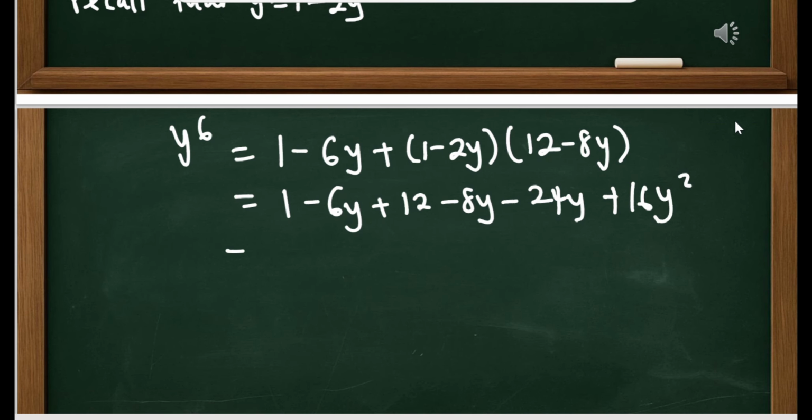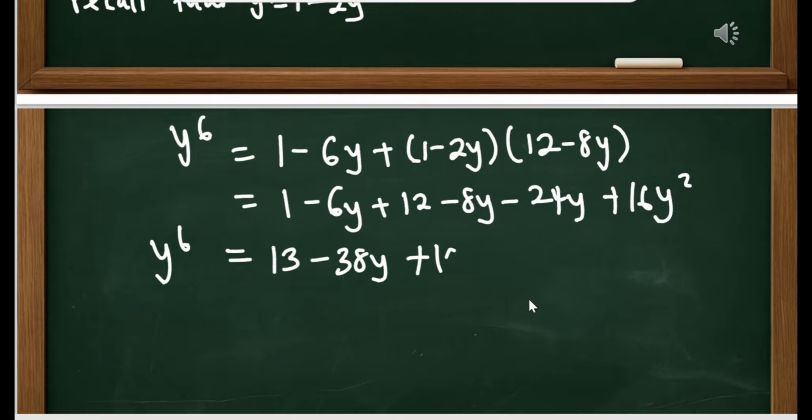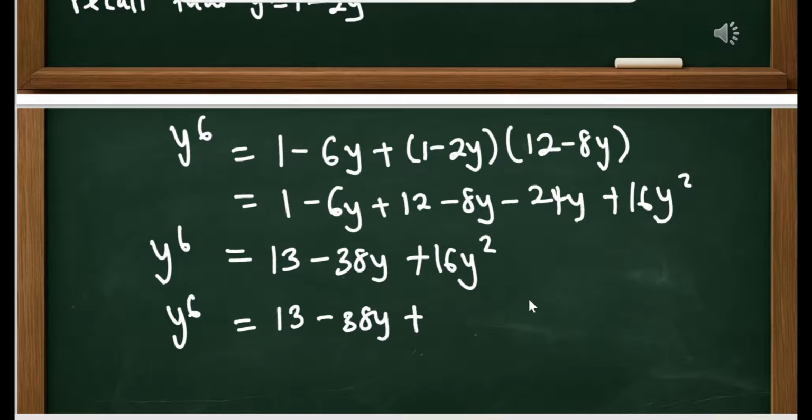And here, I can simplify this to y to the power of 6 equals 13 minus 38y plus 16y squared. Looking at this, we have 16y squared here. So I'm going to rewrite this as 13 minus 38y plus 16 times y squared.